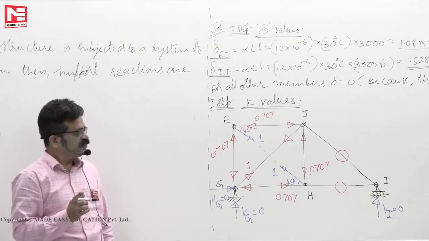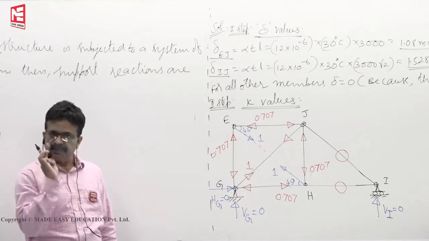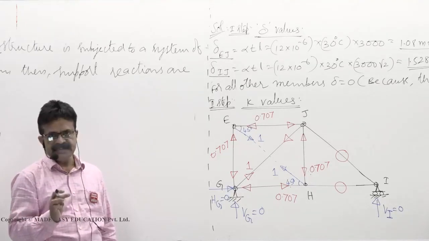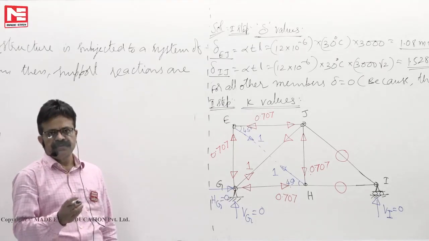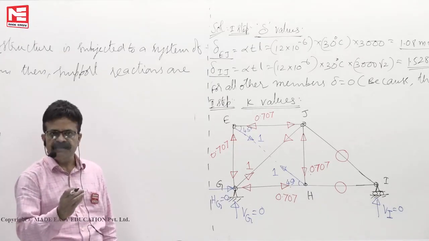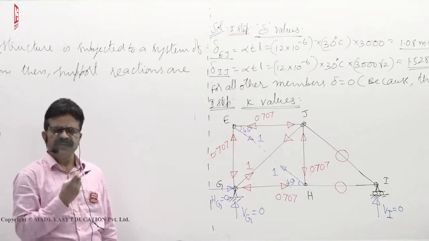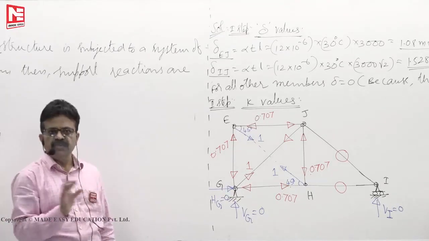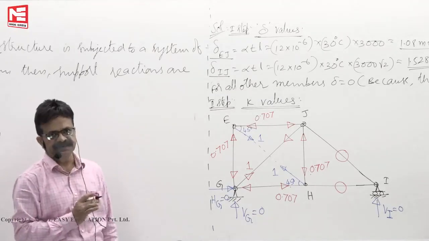You will find that not only here, in any statically determinate structure, due to temperature changes or due to sinking of support vertically or yielding of support horizontally or due to lack of fit, whatever may be the reason, no forces, no stresses will develop in any part of the structure.